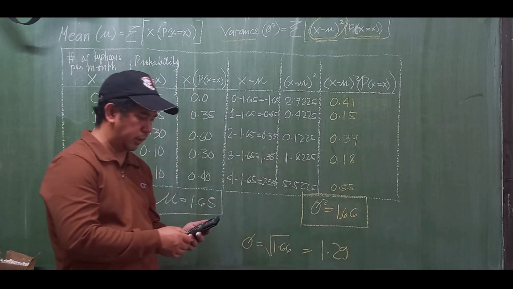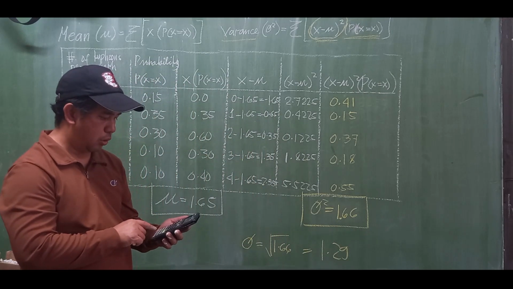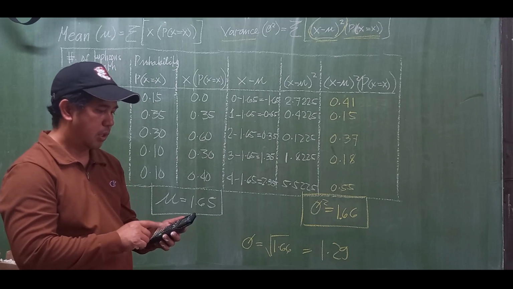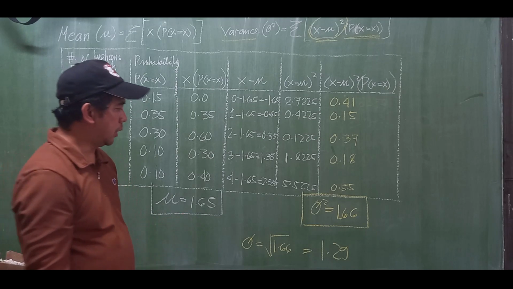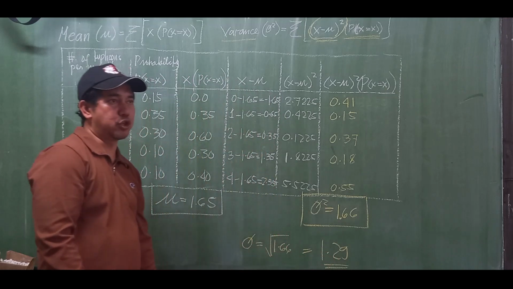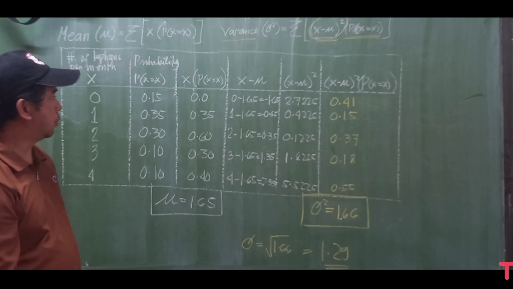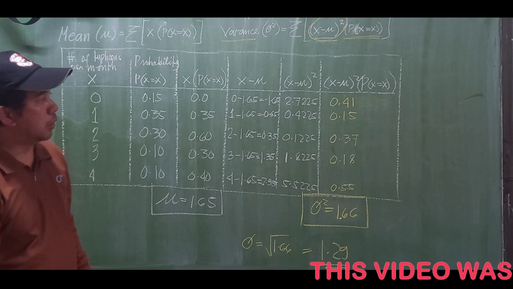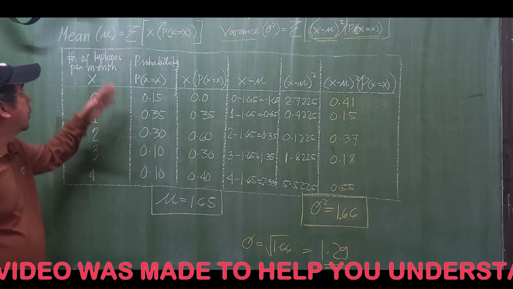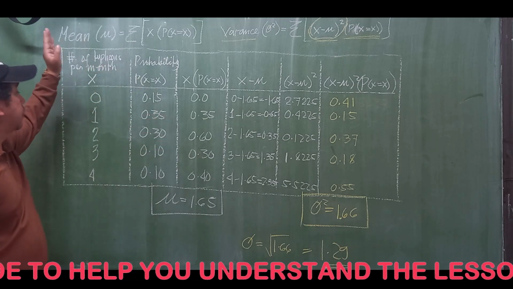So the square root of 1.66 is the same as 1.29. And so this is the standard deviation. I hope you understand how to compute the standard deviation, the variance, and the mean.